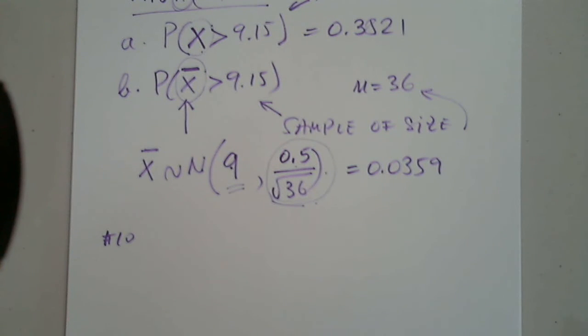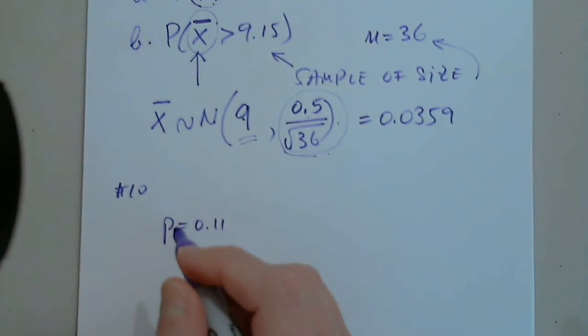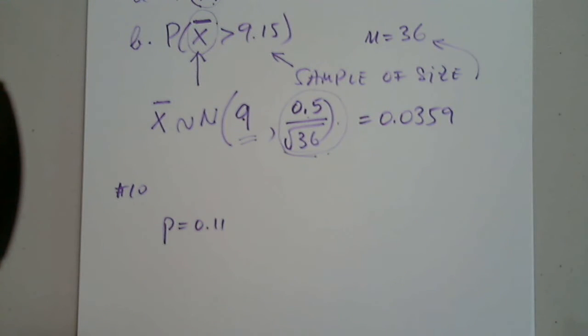Okay, so let's work on number 6. Consider a sampling distribution with p equals 0.11. Samples of size n. So the sample sizes are given here. Using the appropriate formula, find the mean and the standard deviation of the sampling distribution of the sample proportion.